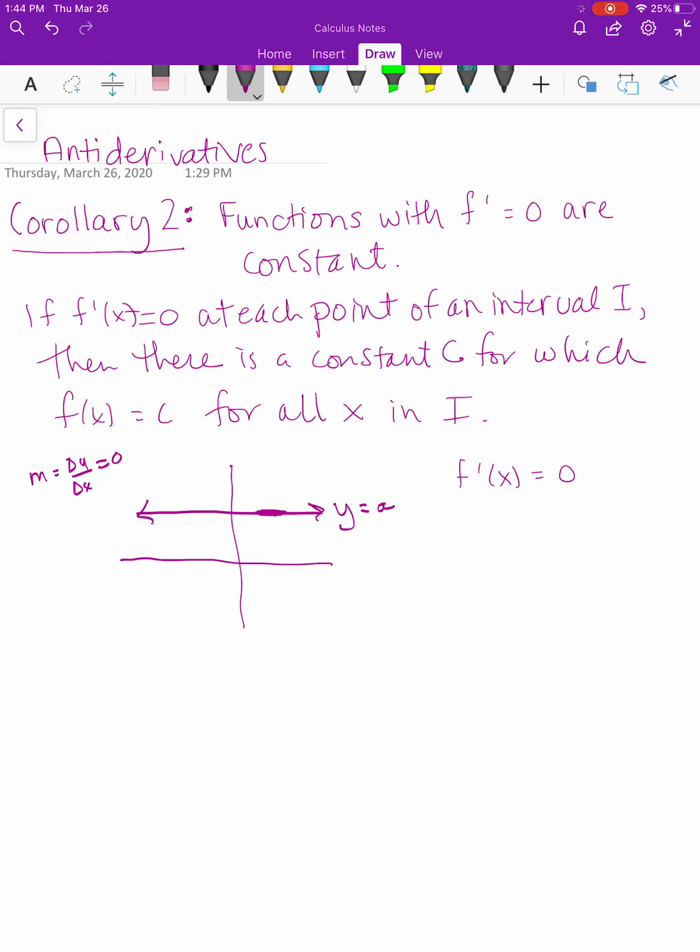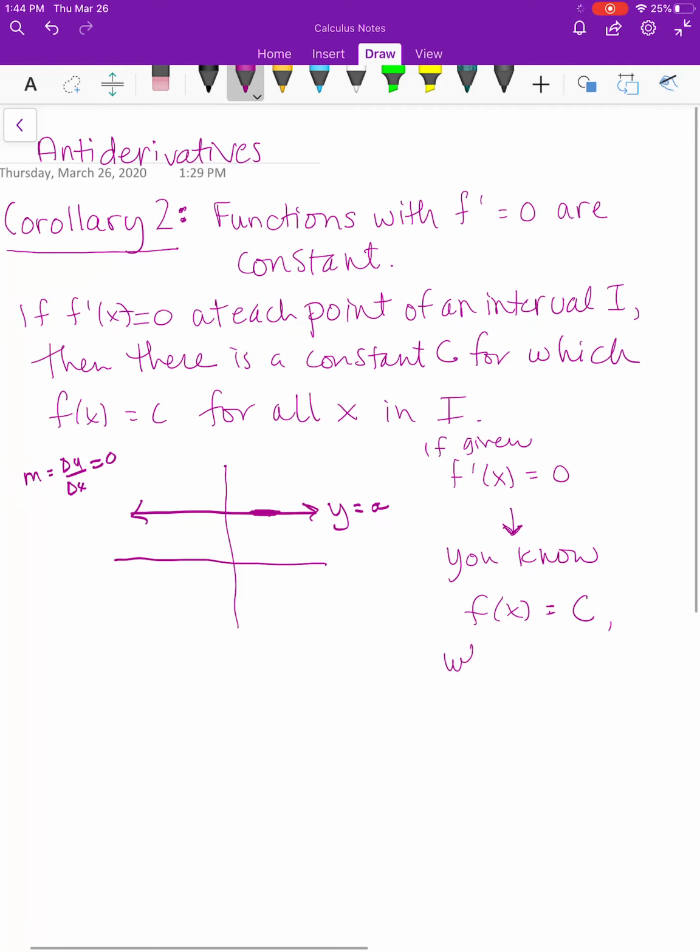So if I tell you that, hey, I've got this function, I don't know what it is, but the derivative is 0, like it's not like x squared equals 0, it's just 0, then you know that f of x is some constant c.